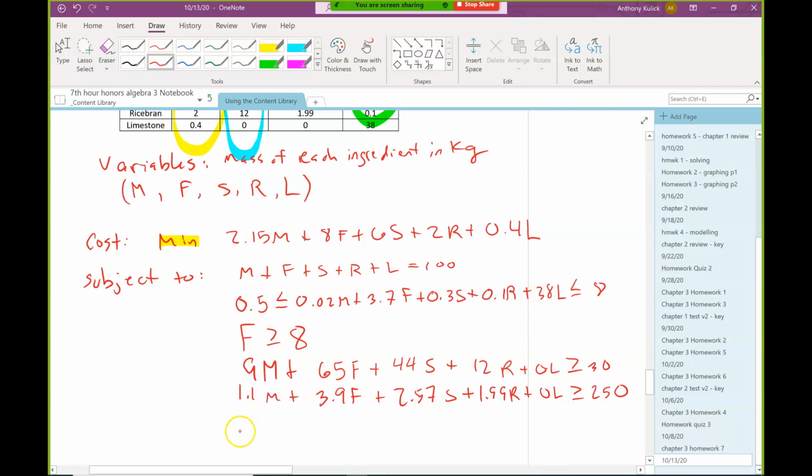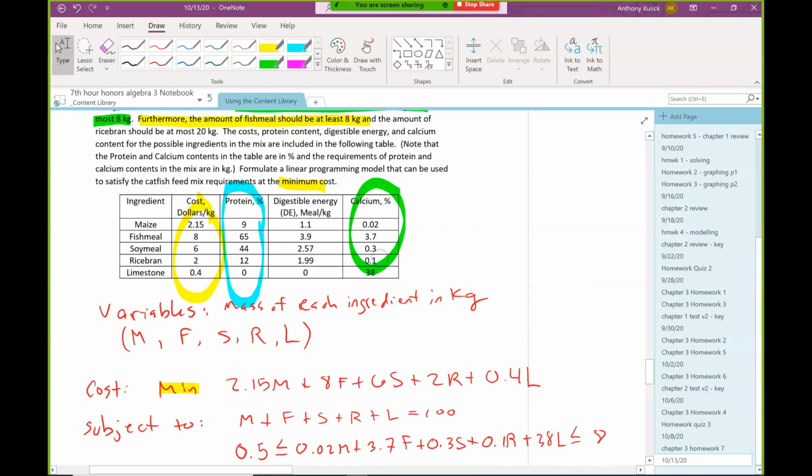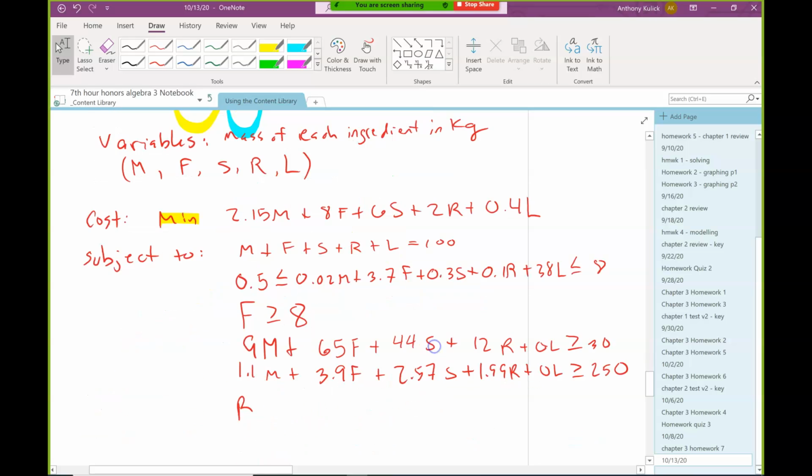Okay, and then we're told the rice bran has to be at most 20 kilograms. Everybody okay with that?